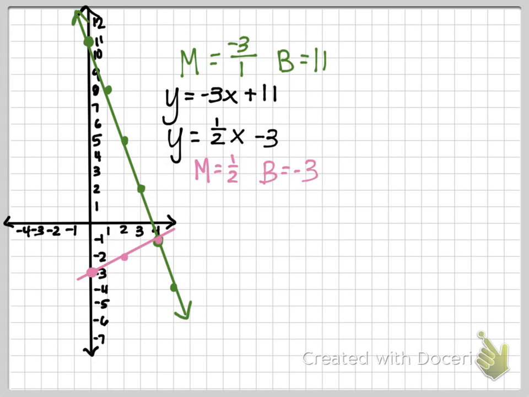Make sure you always draw your line through. And you don't have to keep drawing points once you find out where they intersect. Okay? So where is that magical ordered pair? +4, -1. So your answer should always be an ordered pair on these type of problems.